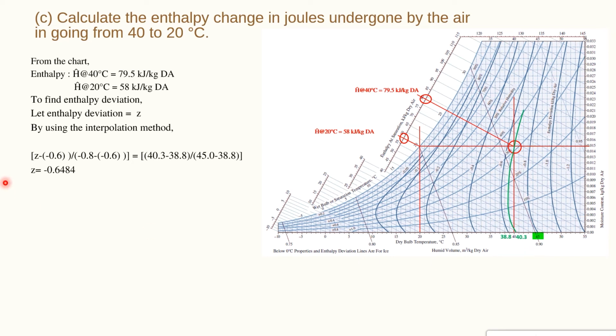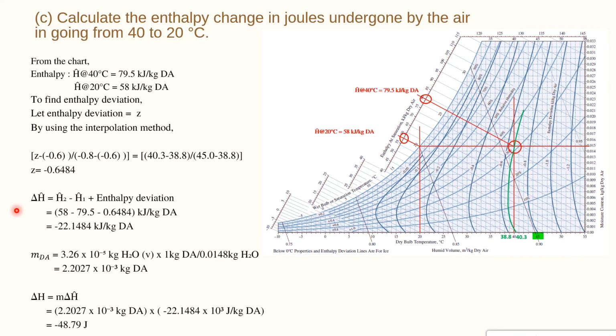Then we get an enthalpy deviation equal to negative 0.6484. We substitute the values of H2 hat and H1 hat and the enthalpy deviation into this equation. Then we get delta H hat equal to negative 22.1484 kJ per kilogram dry air.